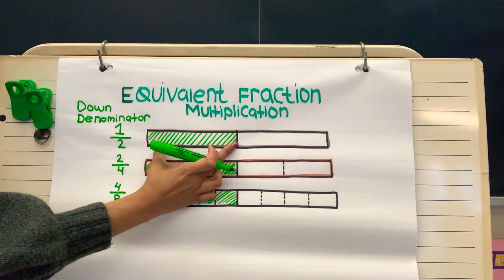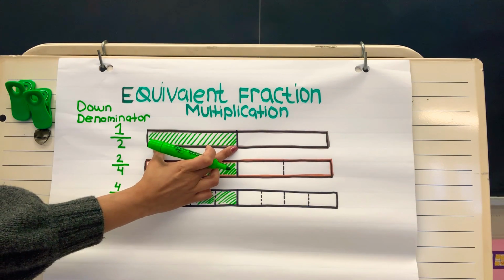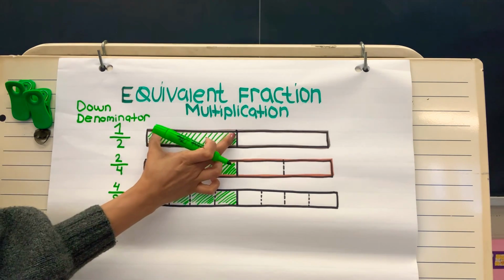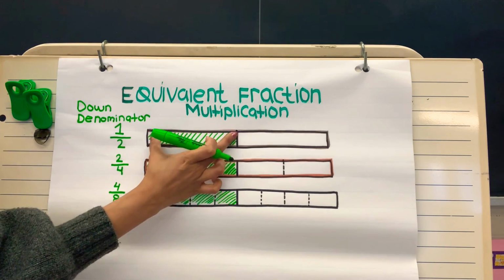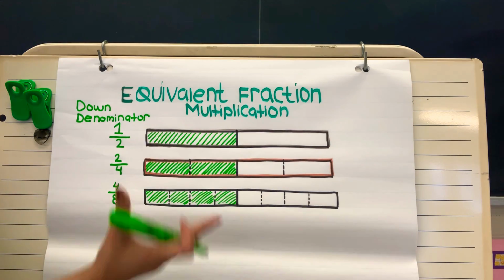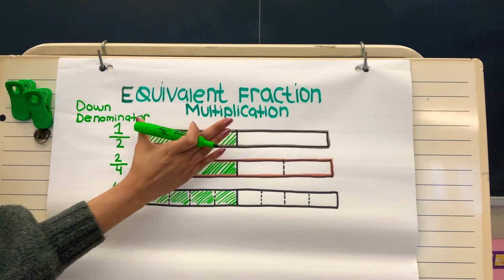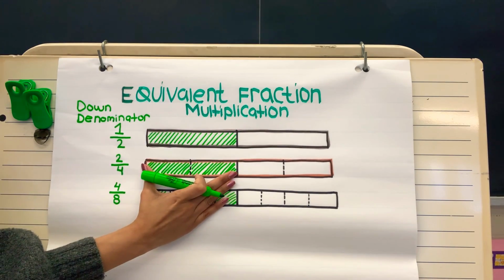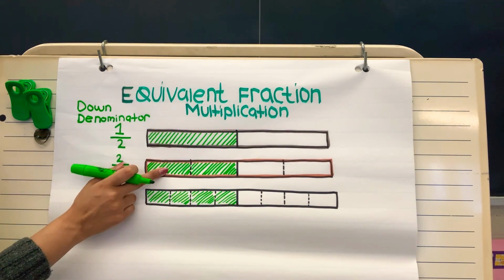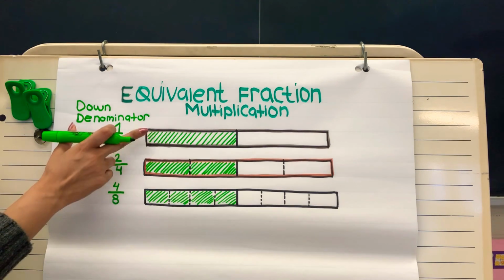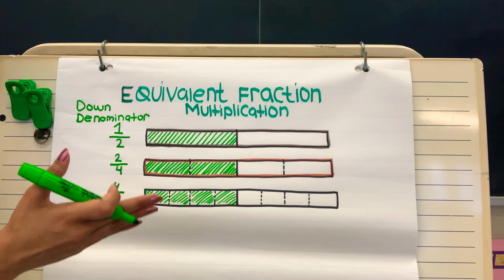Equivalent fractions are basically, as we learned in the last lesson, all you need to remember is that they take up the same space. For example, I had 1/2, I had half here, then now my numerator doubled up. Do you see? So each time we find equivalent fractions, our numerators and our denominators double up.